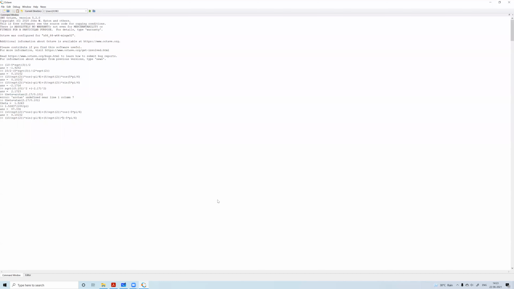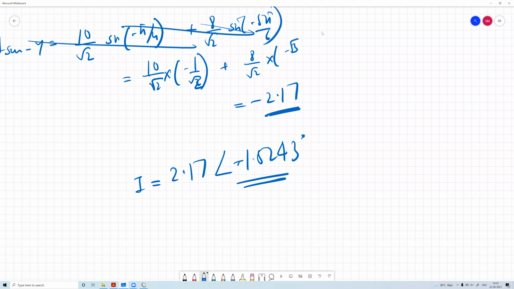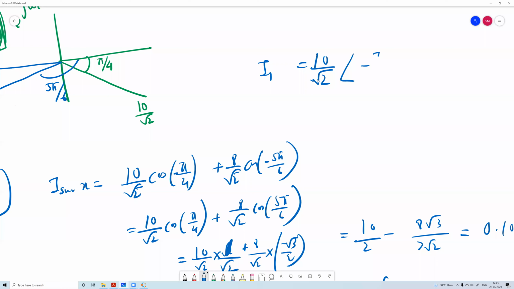Okay, let us see step by step. First, the I1 phasor is 10 root 2 and the angle is minus pi by 4. And the I2 phasor is 8 root 2 and the angle is minus 5 pi by 6. Now we can add them like vectors.